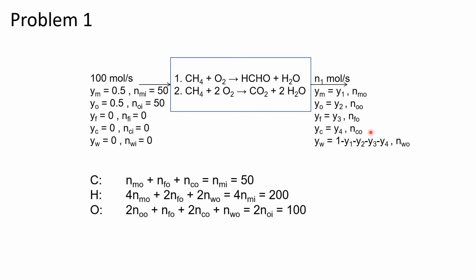Let's move on to the carbon dioxide that might be produced. There is carbon in this, so we'll take the flow rate of the carbon dioxide, NCO, then multiply by the number of carbon atoms that there are per molecule of CO2. And there's only one. CO2 has 1 carbon per molecule, so we'll put a 1 here. And there's no carbon in the water that comes out. So the sum of these three terms here is what comes out.